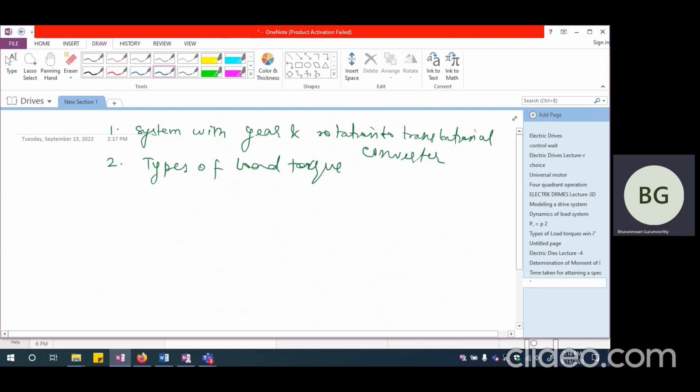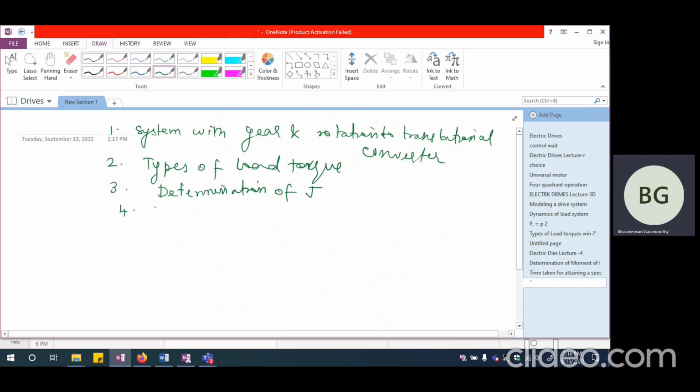These two we had seen in the last class itself. The third thing we took a look at was the determination of moment of inertia by retardation test.